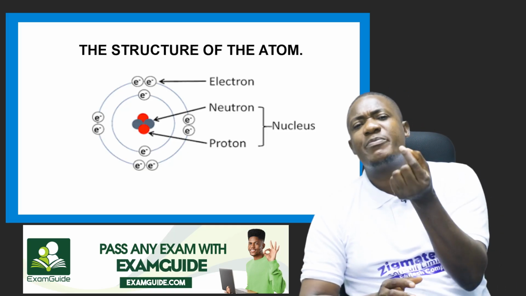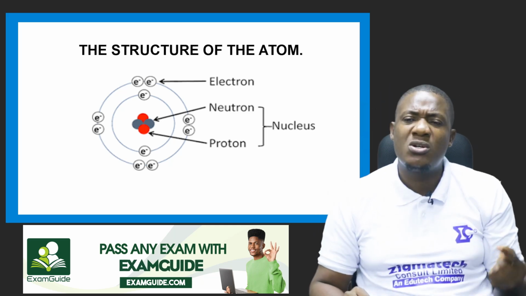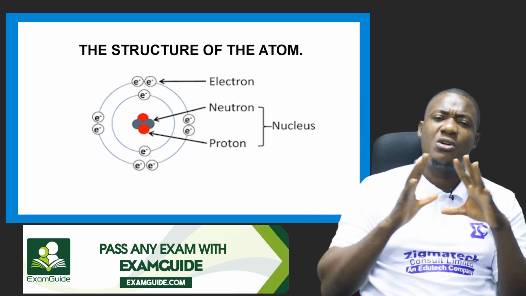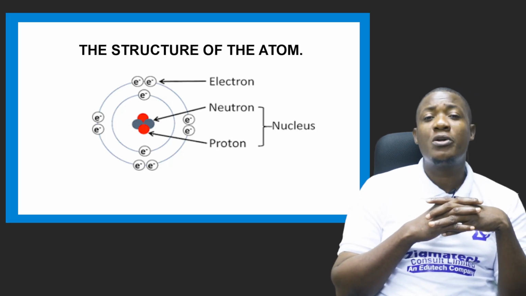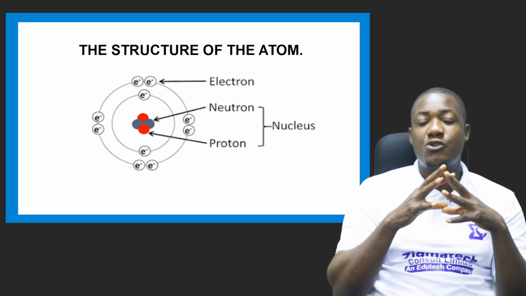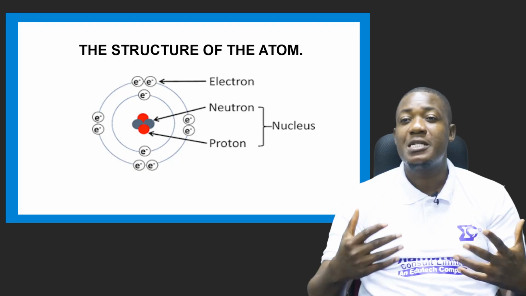That smallest part of that element is called an atom. We are discussing this because of electronics. We cannot talk about electronics without talking about electrons. The word electronics came from electrons. So let's talk about electrons. What are electrons? The basic atomic structure.